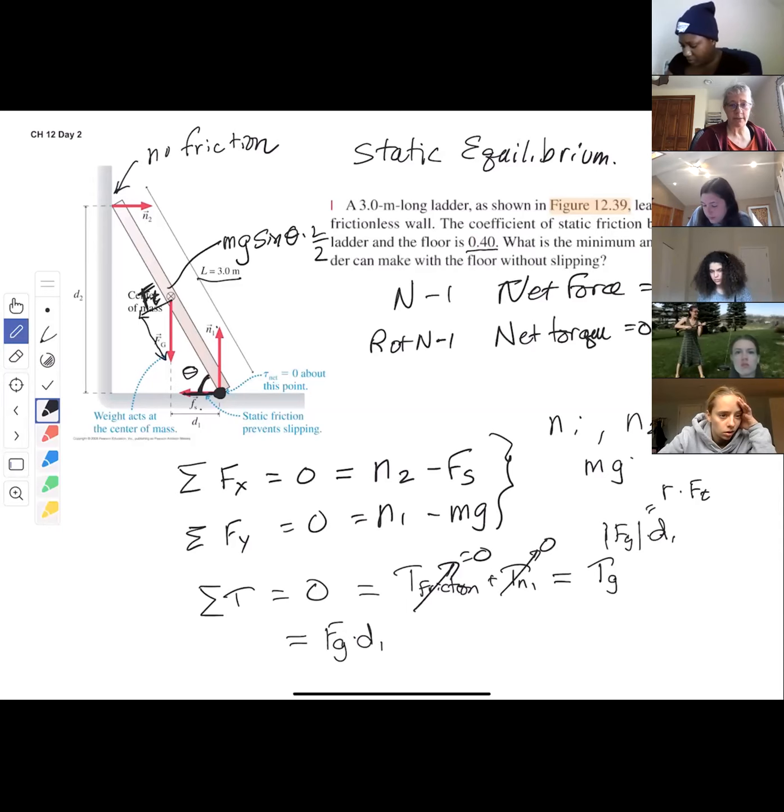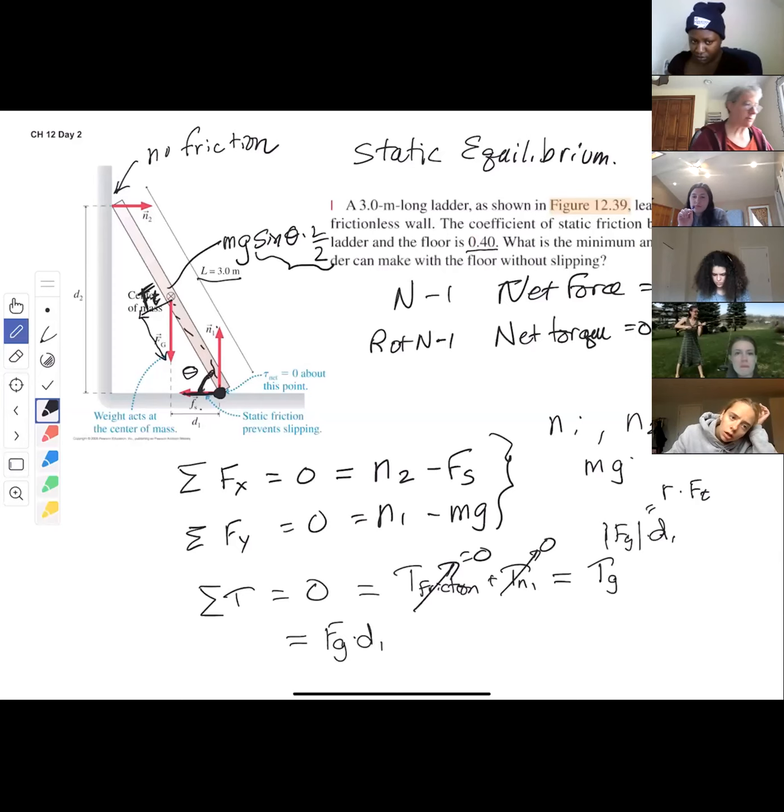So there are two terms that will work here, but since Theo said Fg times d1, that is perfectly fine. The reason that they're equal is that L over 2 is the hypotenuse here, and if this is theta, now I'm wondering if I wrote the wrong one, sine instead of cosine.